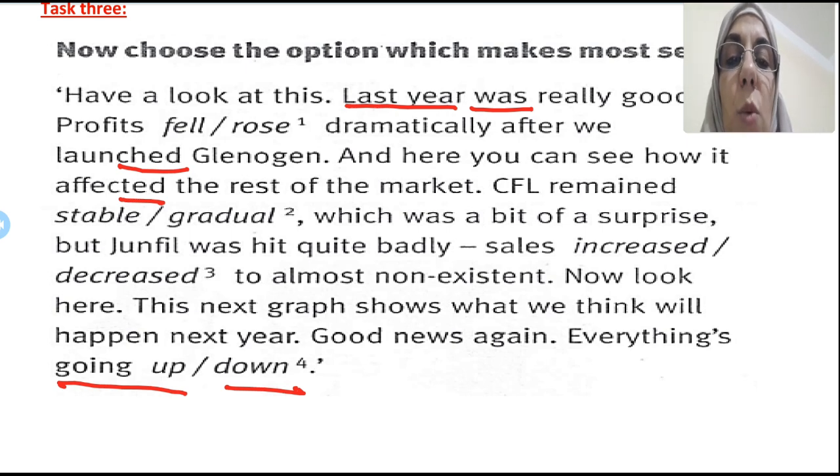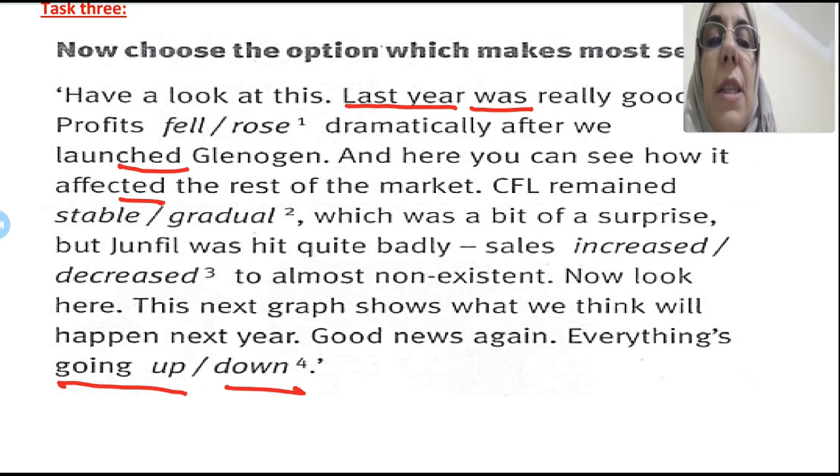The neighboring words like dramatically, I mean the adverb, like the verb remained, a bit of surprise, hit quite badly. All these expressions or phrases might help you figure out the right option. What we think will happen next year. Good news again.